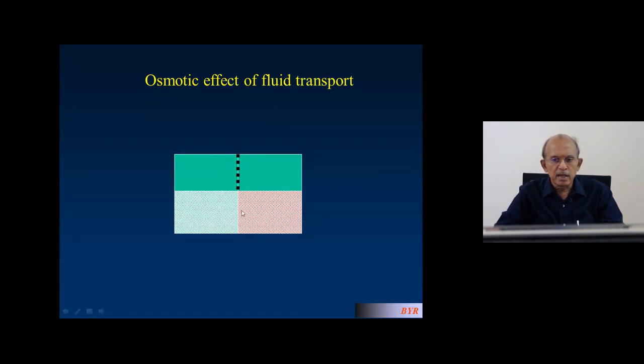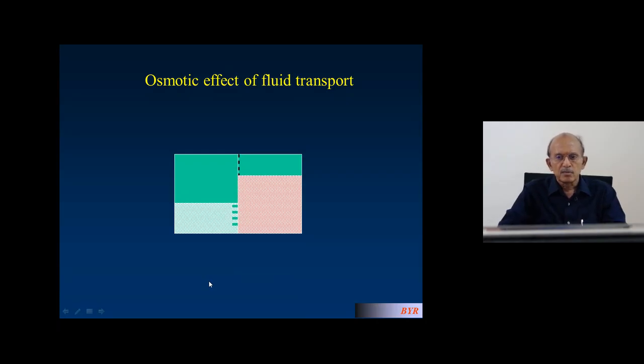So what is happening here? The osmotic pressure is increased here. So the water shifts from this compartment to this compartment, and this compartment will rise. Till their osmotic tensions become equal, the compartments will be moving.